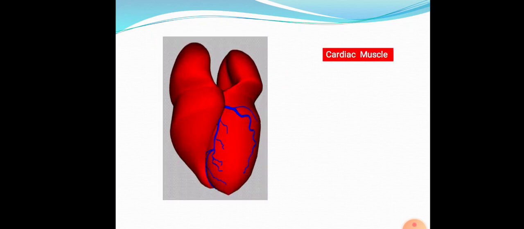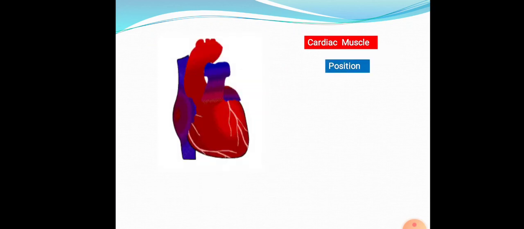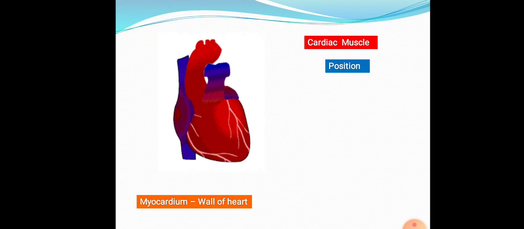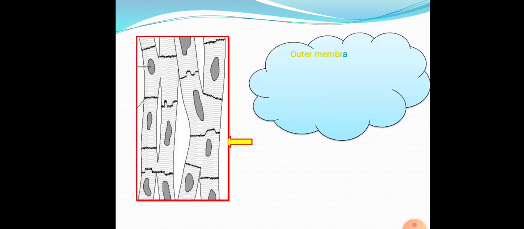Let us see the cardiac muscle. Where do we see cardiac muscle? It is present in the middle wall layer of the heart, which is called the myocardium. Here is the diagrammatic view of the cardiac muscle.